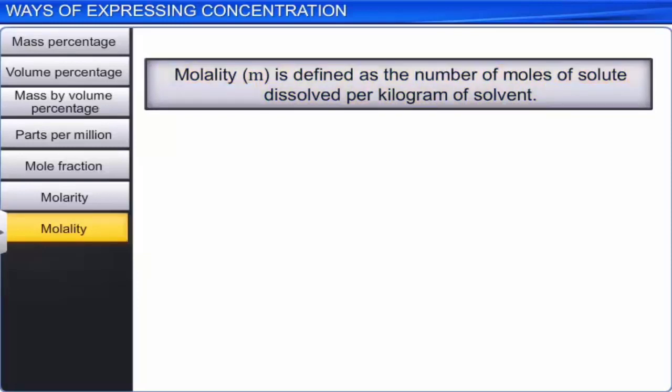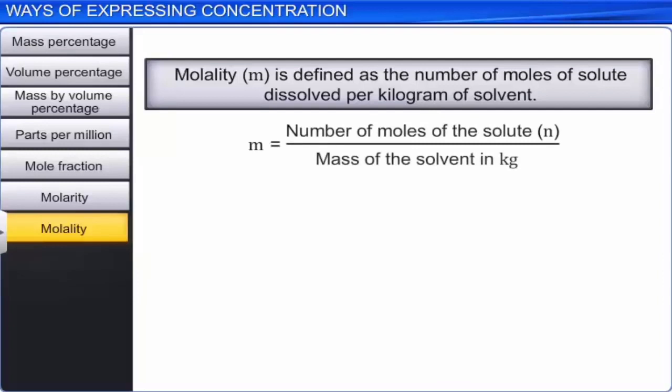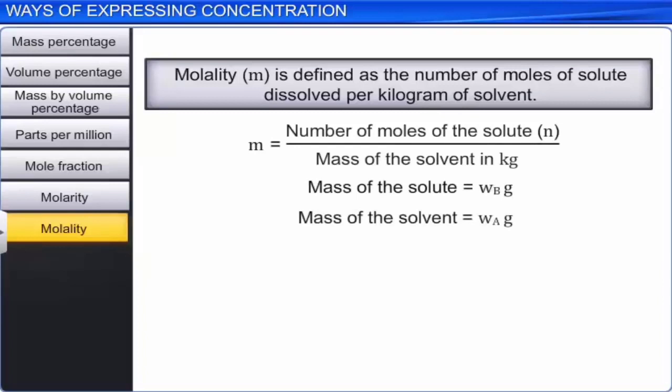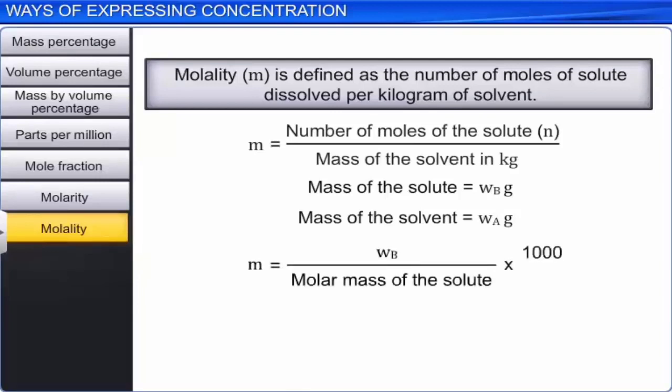Mathematically, it is represented as m is equal to n, the number of moles of the solute, divided by the mass of the solvent in kg. If Wb grams of the solute is dissolved in Wa grams of the solvent, then the expression for molality becomes m is equal to Wb divided by the molar mass of the solute, multiplied by 1000 by Wa.